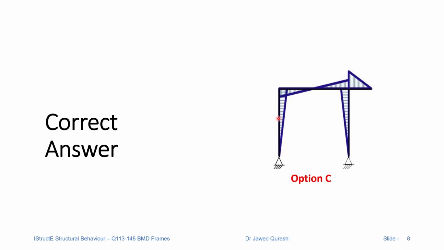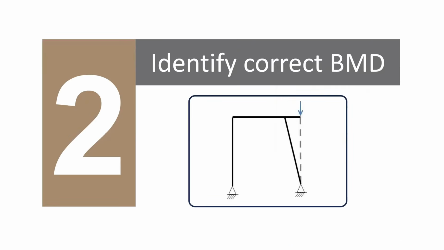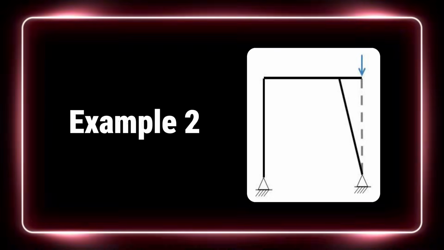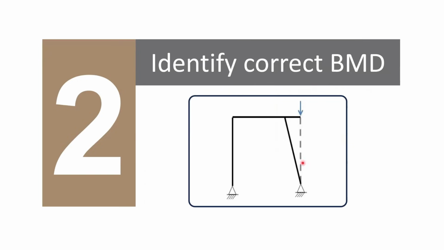Now think about it. If we had an inclined column, what will happen? This is our next question. How about if we have an inclined column? Where would this frame deflect? Will it be rightwards or leftwards? Now the dynamics completely change because we have an inclined member and a point load applied.